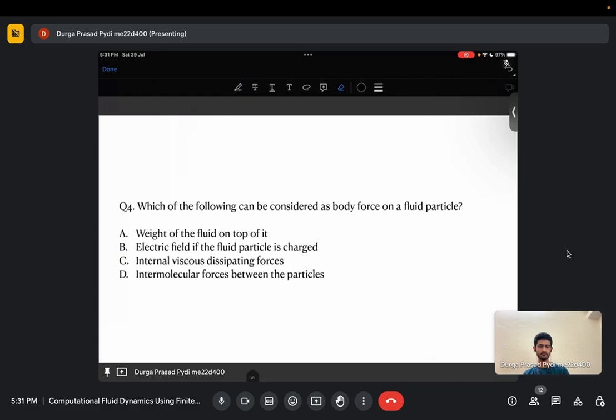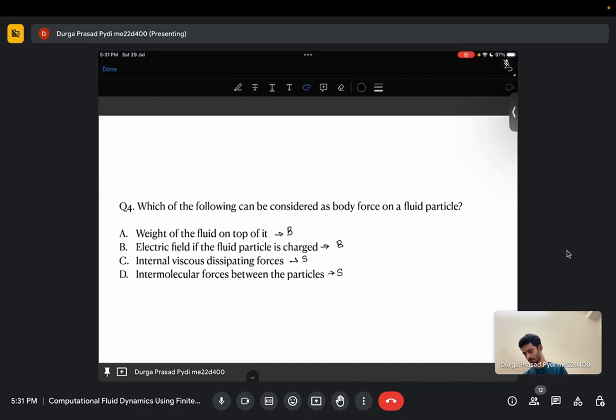I guess the electric field, the fluid particle is charged. Okay. So A and B are body forces, and C and D are surface forces.